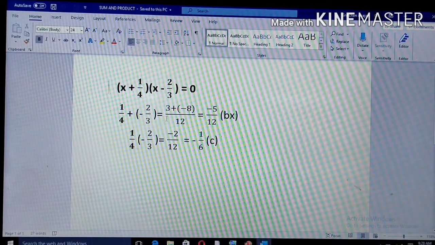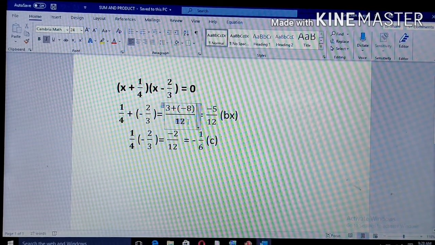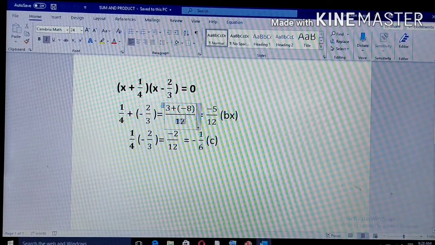Since they don't have the same denominator, find the LCD. In finding the LCD, think of the lowest number that you can divide by 4 and by 3. So, the LCD of 4 and 3 is 12, right?